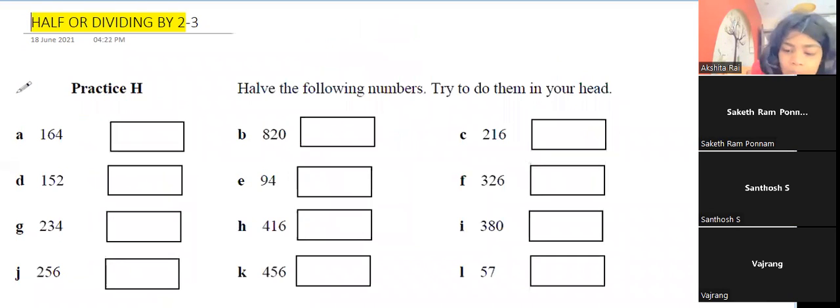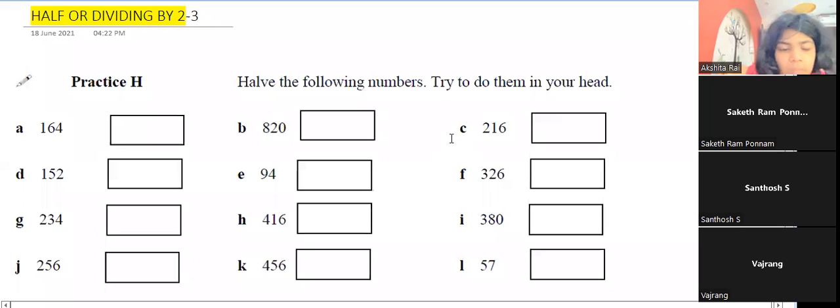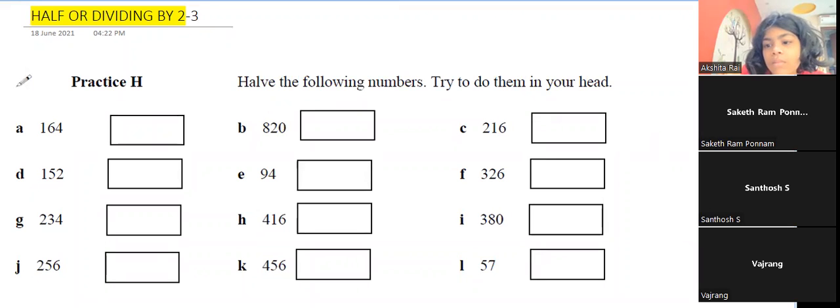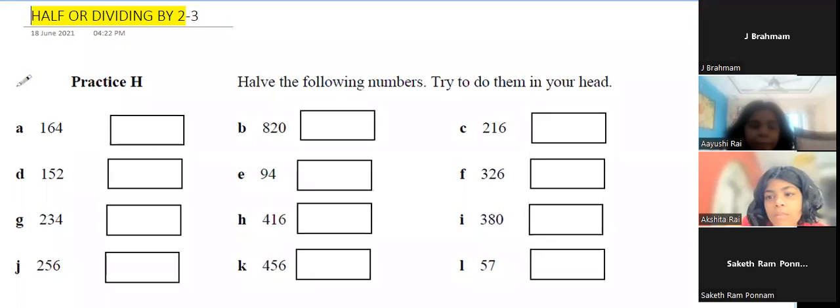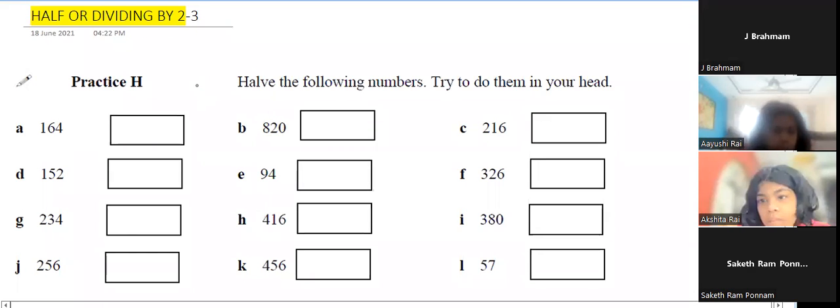Okay, then I think this exercise you can do later, or otherwise we will do some sample questions. We'll start with Ayushi. Your question is H. The half of 400 is 200, the half of 10 is 5, and the half of 6 is 3.